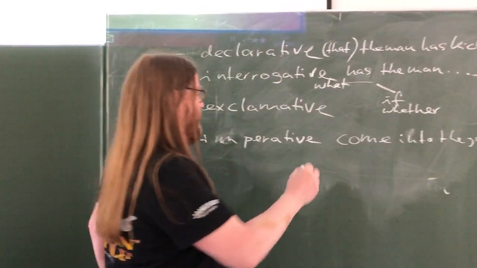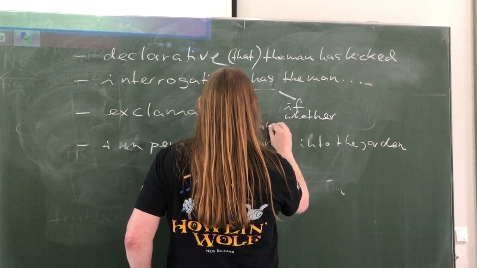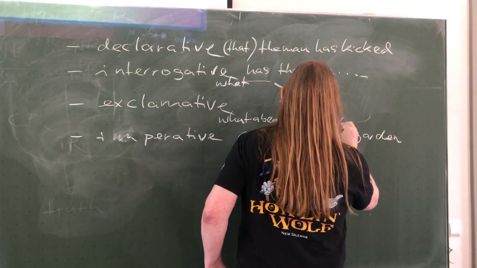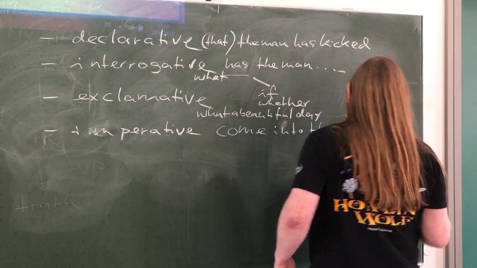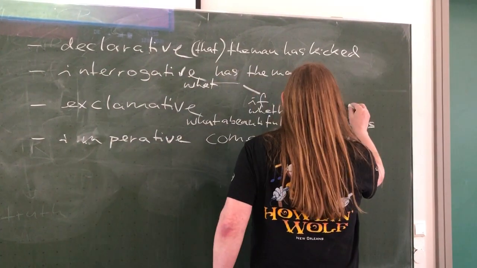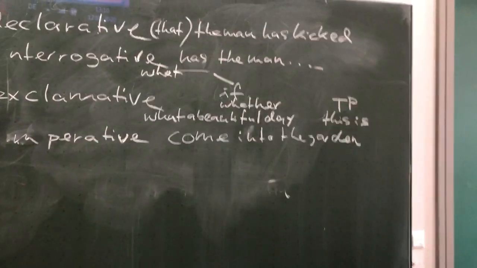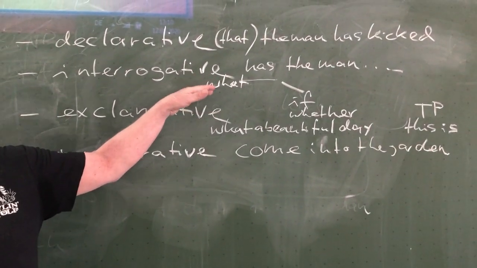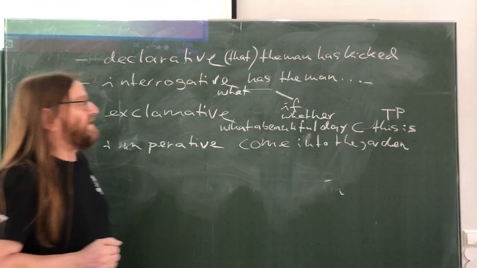In exclamatives, we have the following structure. And we can see, if we analyze that, and I will also do this in writing, that in exclamatives we have the specifier position of the CP filled with the WH element, and the C position itself is empty.